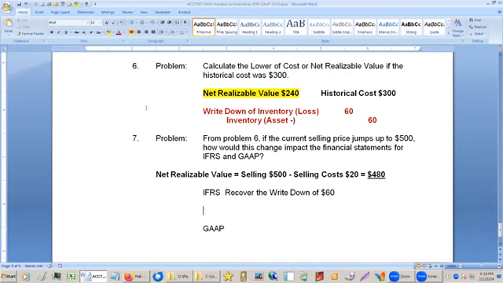So we would simply reverse this. This would be inventory, which is an asset, and it's going to increase by 60. And we're going to have a recovery, sort of like a gain, of 60.